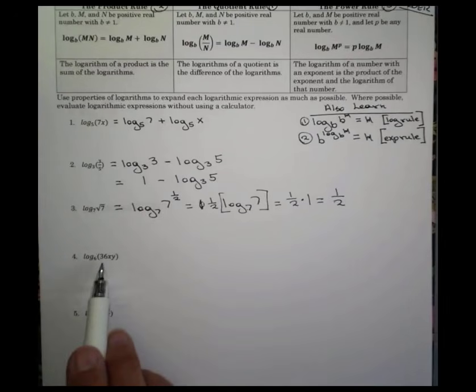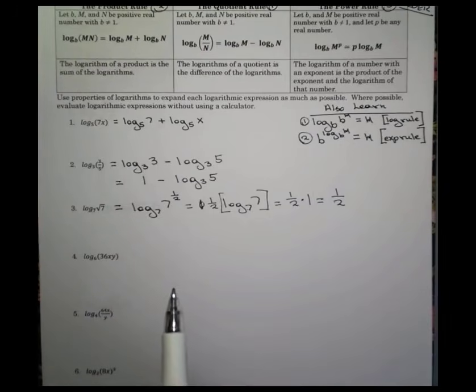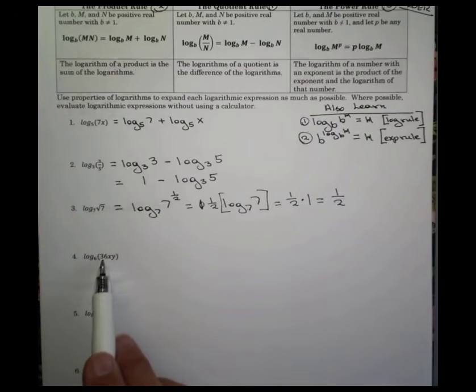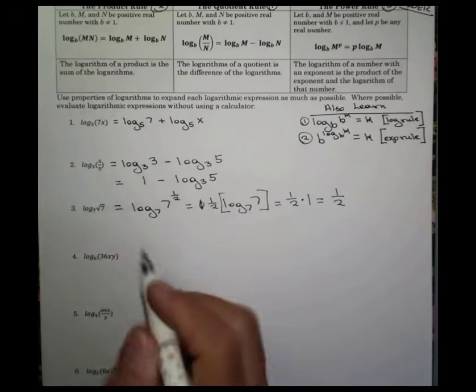Now this is log base 6, and these terms are multiplied together, so we're going to change it using the product rule. So we're going to change it to addition of the different logs. And you have to realize you've got 3 terms. You've got 36, you've got x, and you've got y.